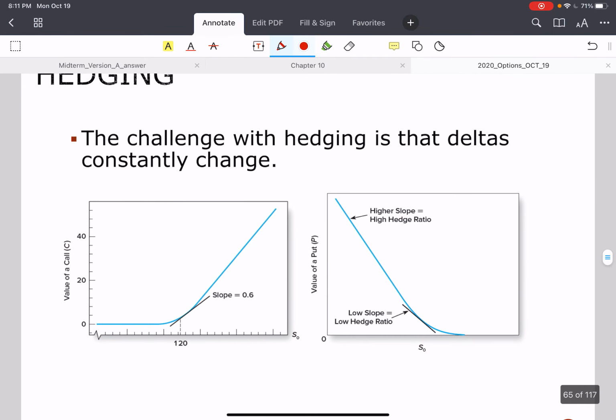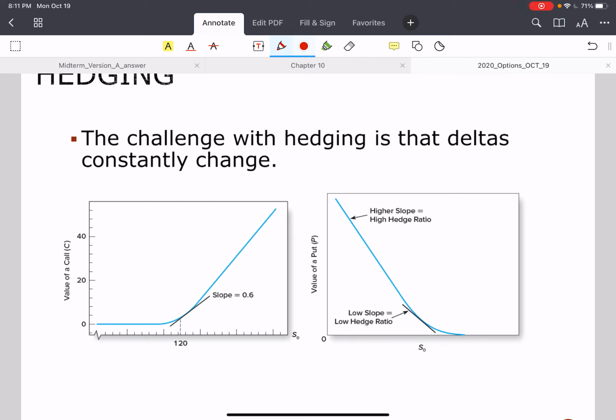Okay, this might seem very straightforward and simple, but actually hedging is a dynamic process. Why is it a dynamic process? Dynamic process basically means you have to continuously monitor your position and rebalance it, and adjust the number of calls versus number of shares, number of puts versus number of shares.